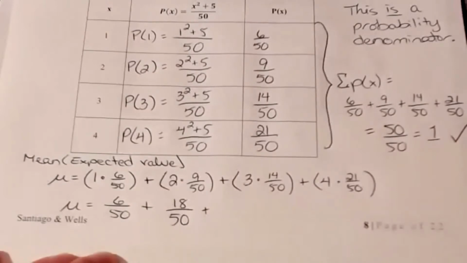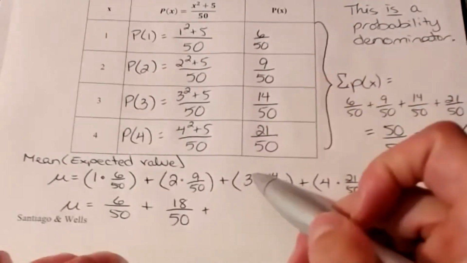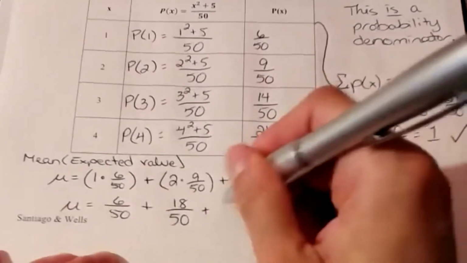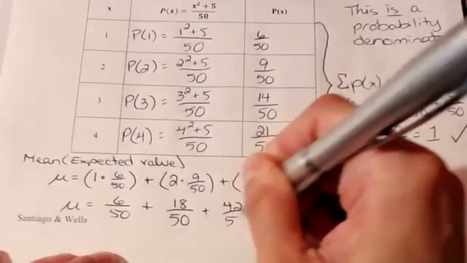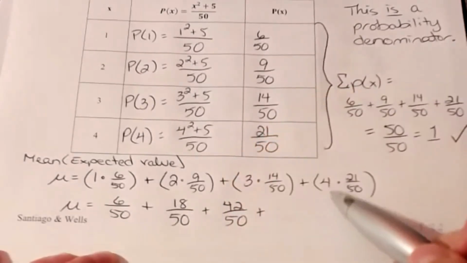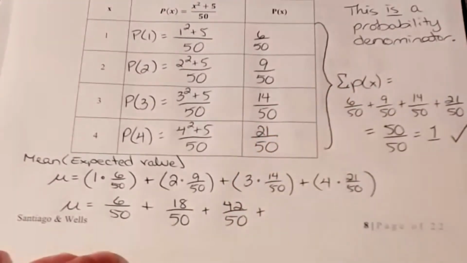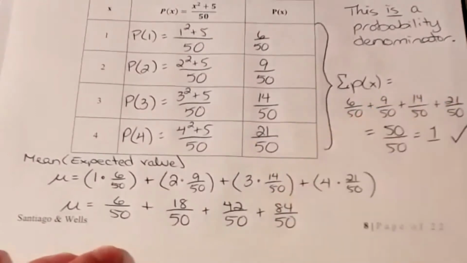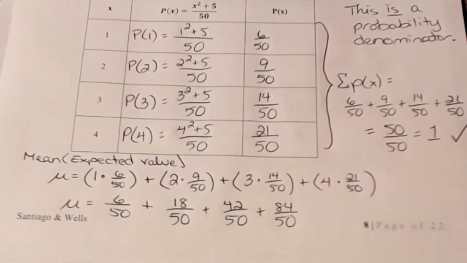It's going to make it a lot easier to see that when you multiply, you just go left to right. 3 over 1 times 14 out of 50, that's going to give us 42 out of 50. And then 4 over 1 times 21 out of 50 is going to give us 84 out of 50. Those are our 4 products.